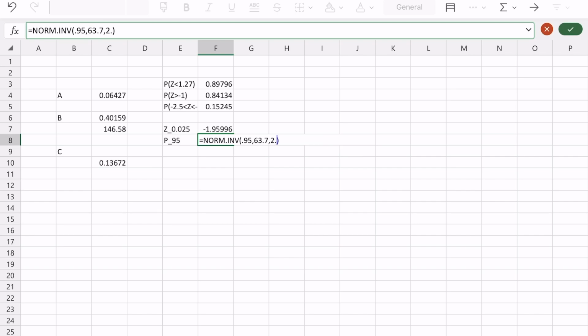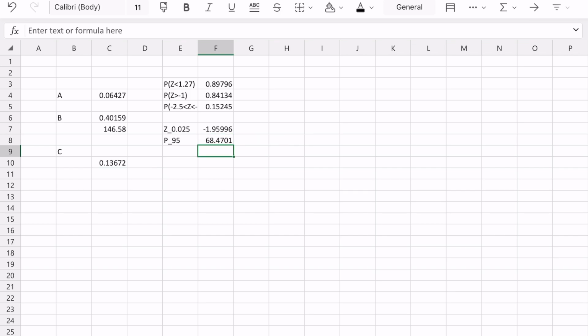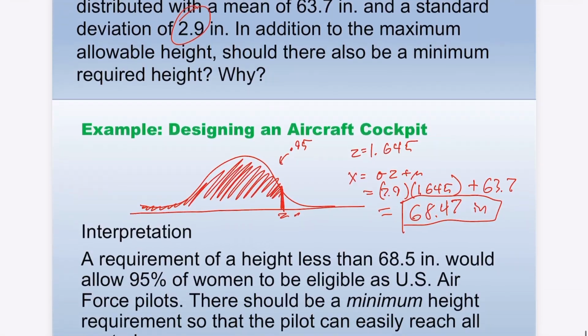That was 2.9. So I filled those in, and now I press enter. 68.47. That's exactly what we had before. I put the mean and the standard deviation into the norm.inv function, and it gave me just what I had seen before.